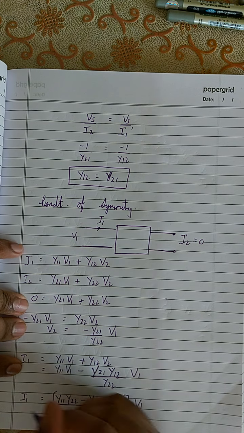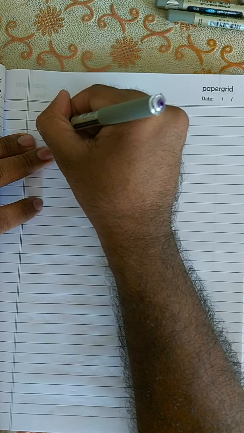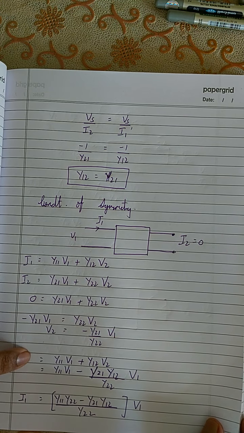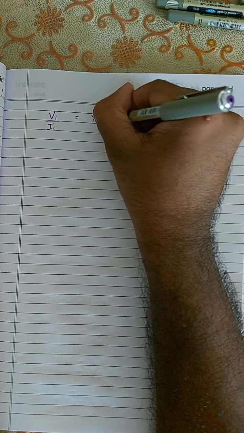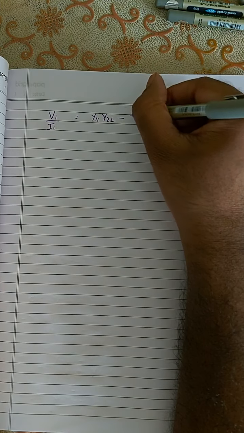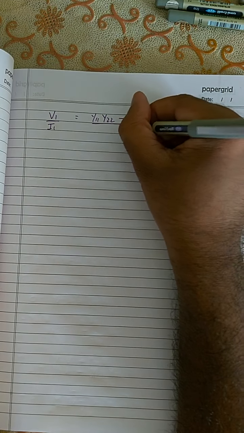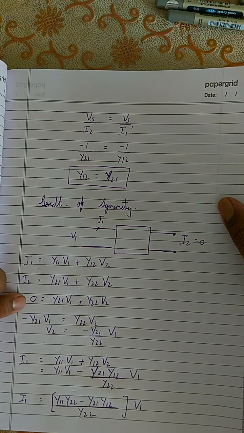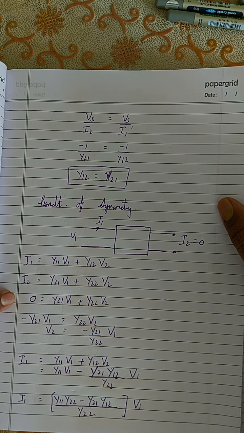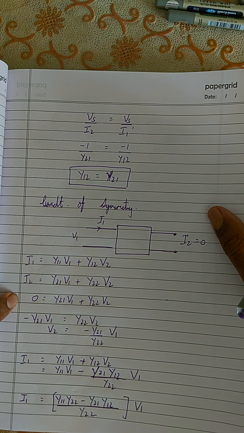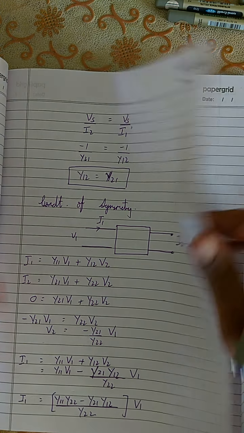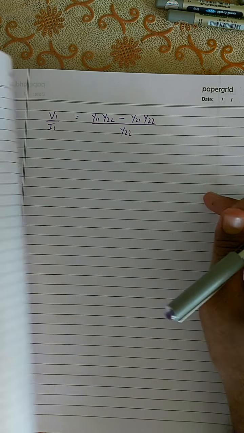So therefore V1 by I1 is equal to Y22 by Y11 Y22 minus Y21 Y12. Okay, so this is V1 by I1 when I2 is equal to 0.